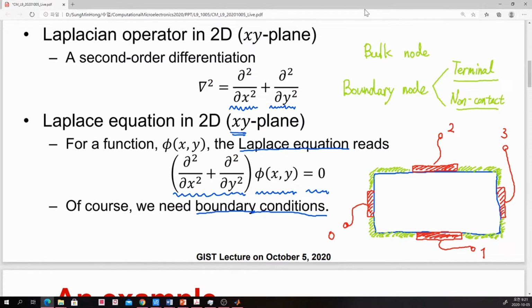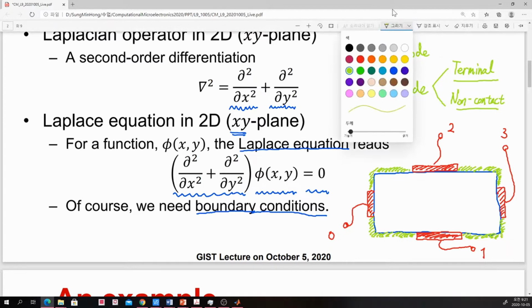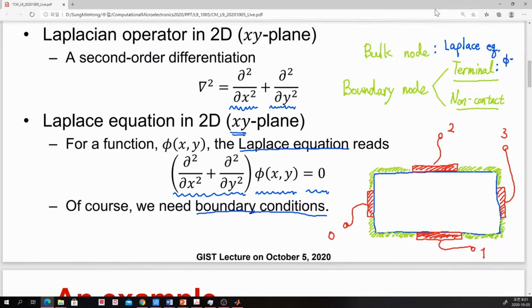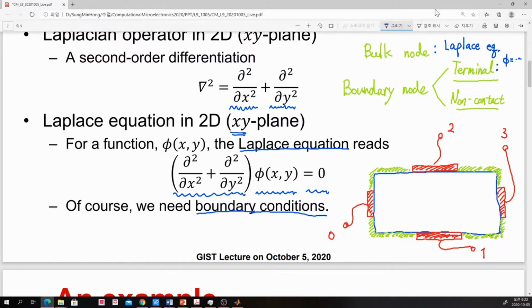So we can think about three different nodes, and for each of them we can define different equations or different conditions. For example, for bulk nodes, we can just apply the Laplace equation itself. And for terminal nodes, we can apply phi equal to a certain number, and this is directly a boundary condition. Then the remaining question is, how about the non-contact boundary node?